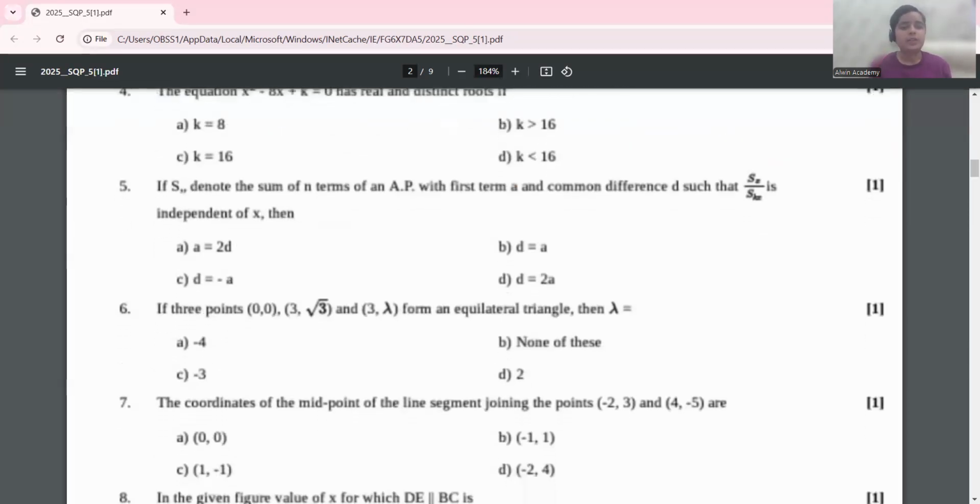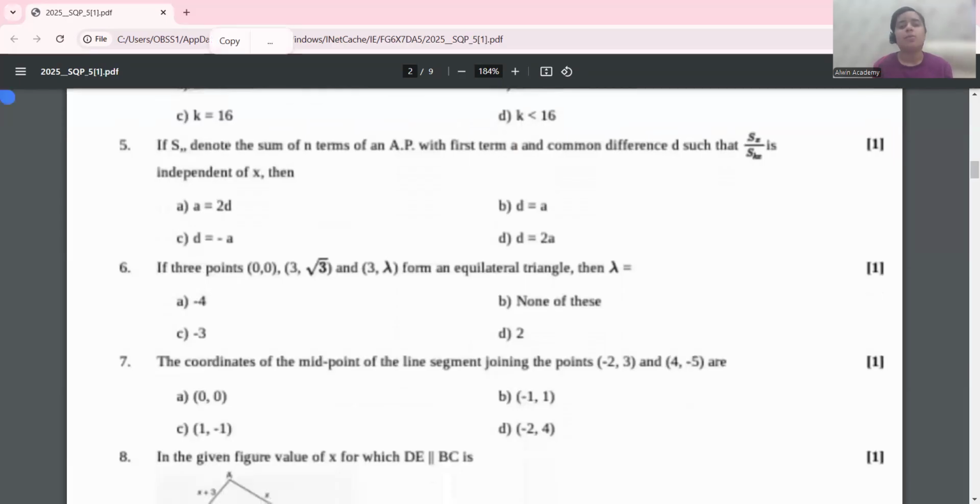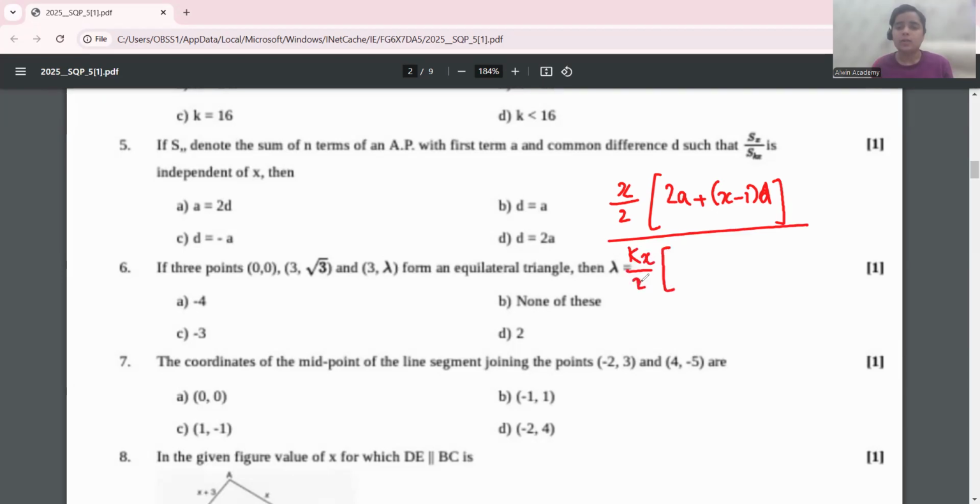If Sn denotes the sum of n terms of an AP with first term a and common difference d such that Sx by Skx is independent of x, then so herein, if I put in the formulas, I get x by 2 times 2a plus (x minus 1) times d, upon kx by 2 into 2a plus (kx minus 1) into d.